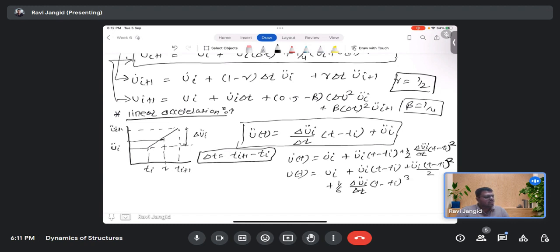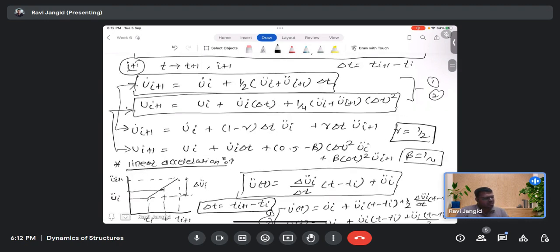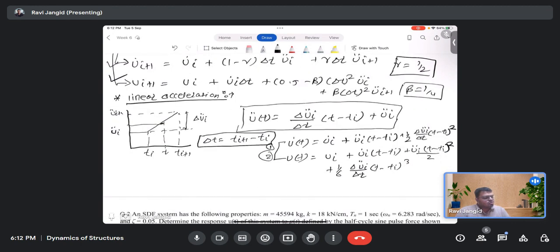If you compare these two equations 1 and 2 with the Newmark's beta-gamma method, and solve, putting delta u double dot i as u double dot i+1 minus u double dot i, then after comparison you will get gamma equal to 1 by 2 and beta equal to 1 by 6.